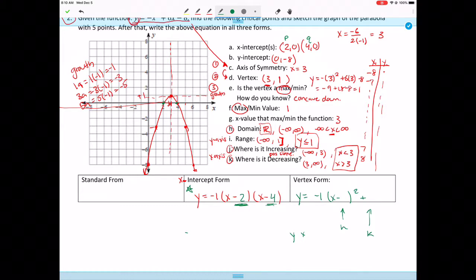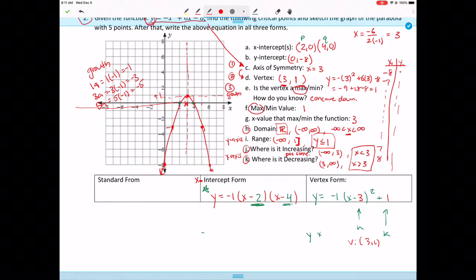So all we need to do here, we look at our vertex, this is our vertex 3, 1. We just plug those in, okay? If 3 was negative, then when you plug it in, it would be a -3, giving us a positive, okay? So just make sure you plug everything in, and you should be good, okay?